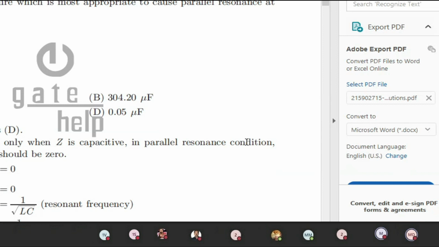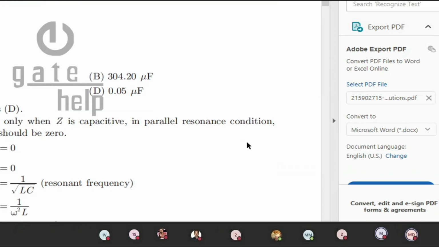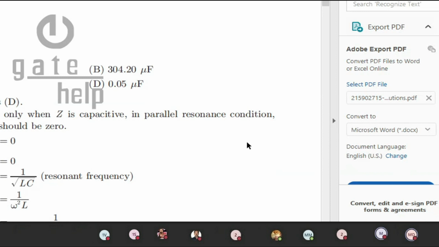For a parallel circuit, it's a combination of conductance plus susceptance. So if susceptance is 0, then 1 by j omega L plus j omega C is equal to 0, or 1 minus omega squared LC is equal to 0, and omega is 1 by root of LC. From that you can find C is equal to 1 by omega squared L.